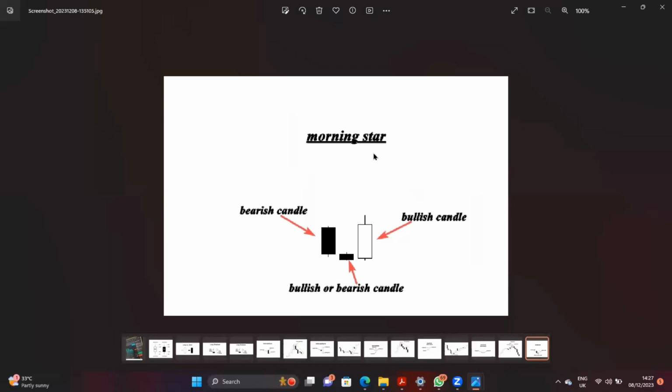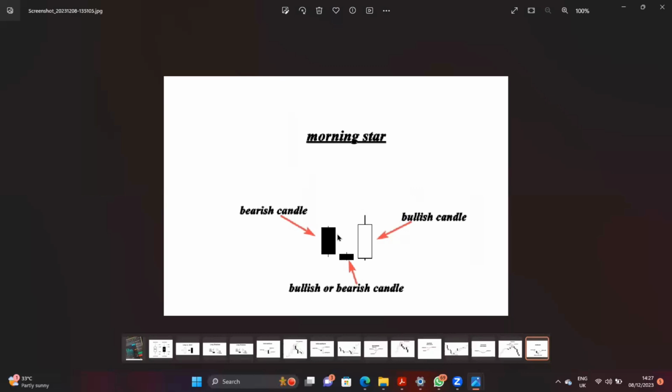So the morning star pattern consists of three candles: the bearish candle, the base candle, which can be either bullish or bearish, and the bullish candle, which must be bullish.